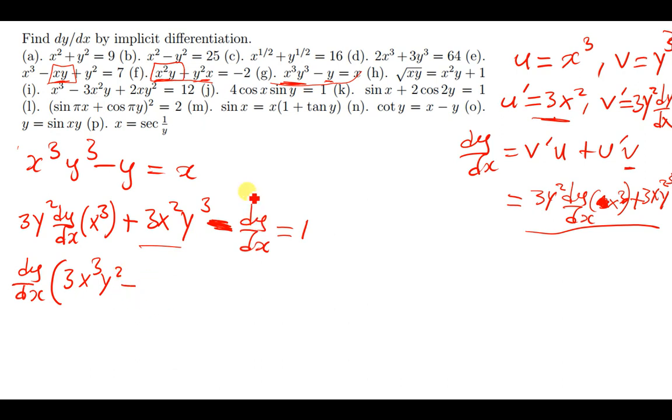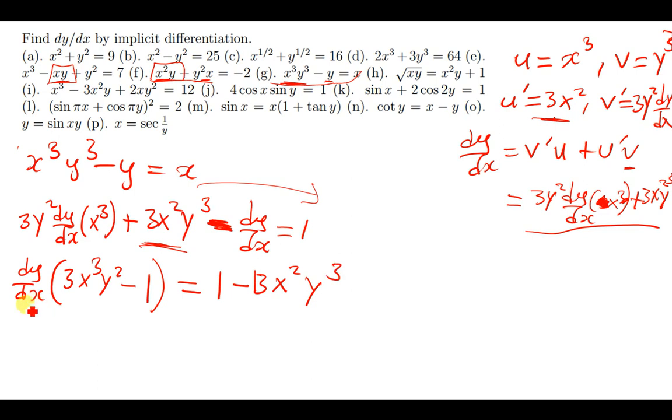We're factorizing this term and this term there, minus 1, and then this will be equal to 1. When you take this part to the other side of the equal sign, you are going to have a minus 3x squared, then y to the power 3.